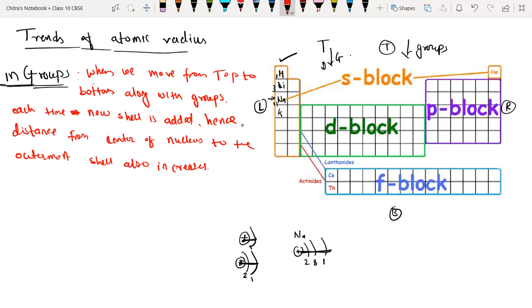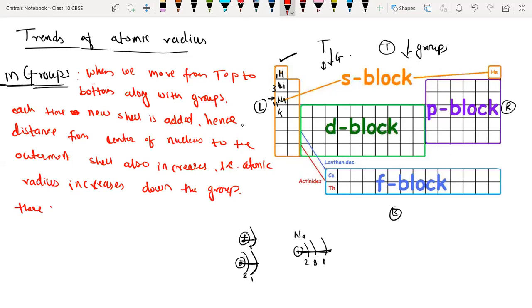That means atomic radius increases. Atomic radius increases down the group. Hence, or therefore, atomic size also increases.